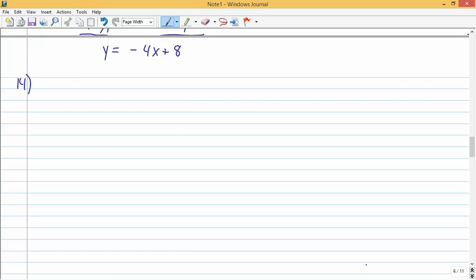It says passing through (5, 4) and perpendicular to negative 4x plus y minus 7 equals 0. So first I need to figure out the perpendicular slope of the given line.